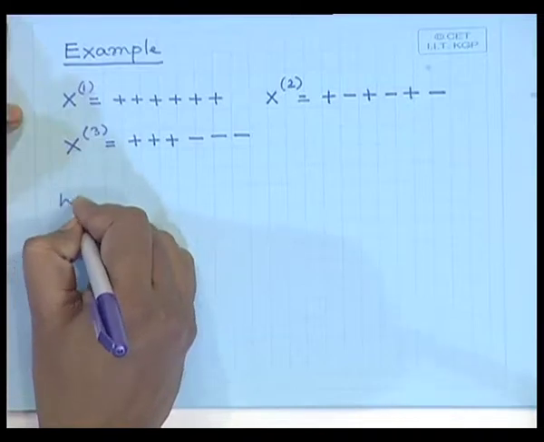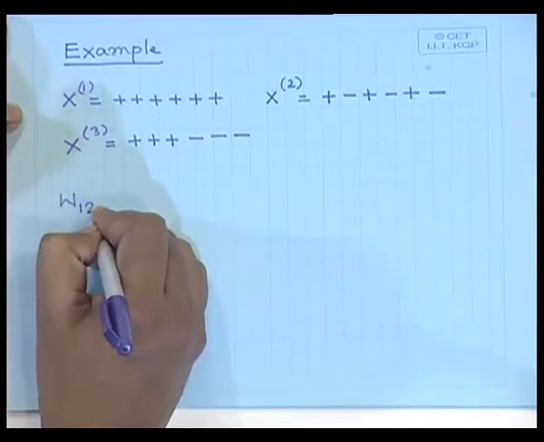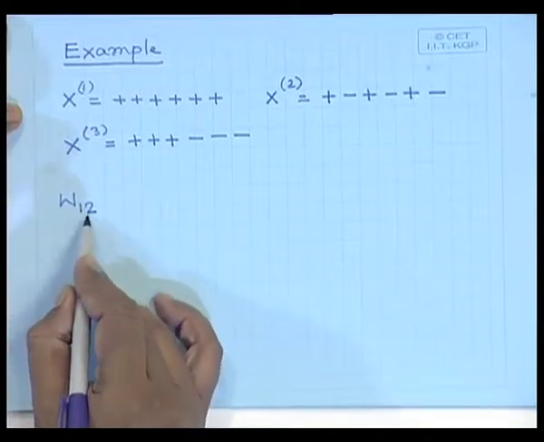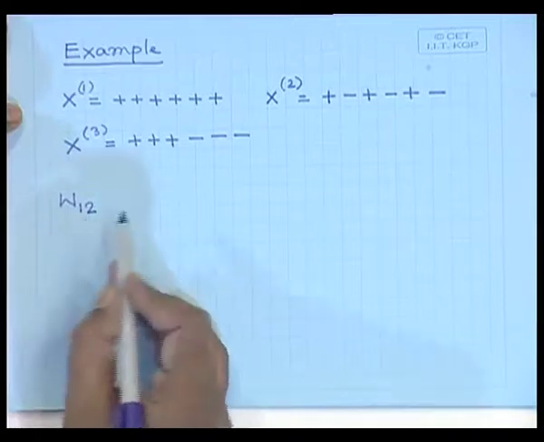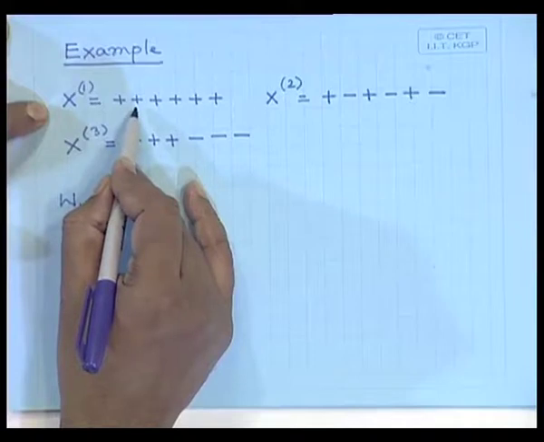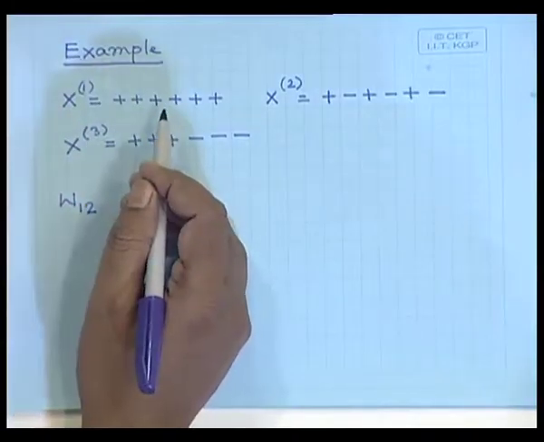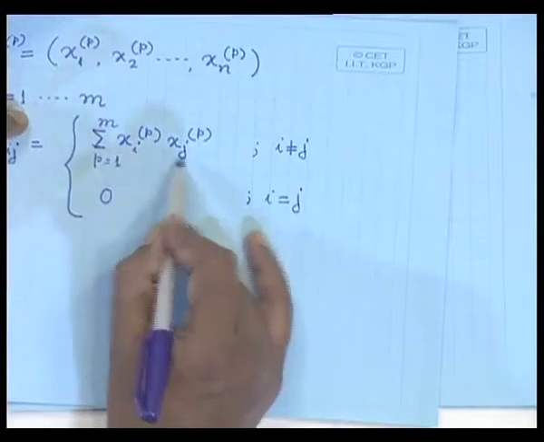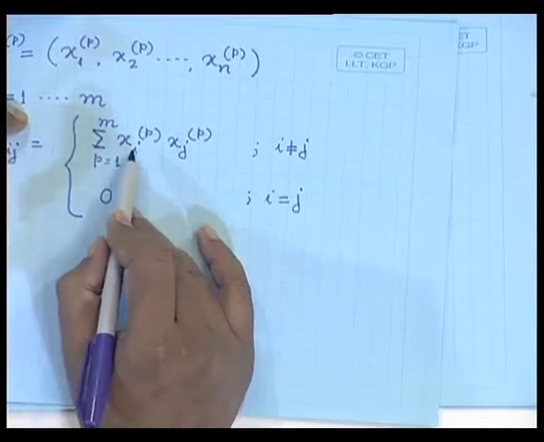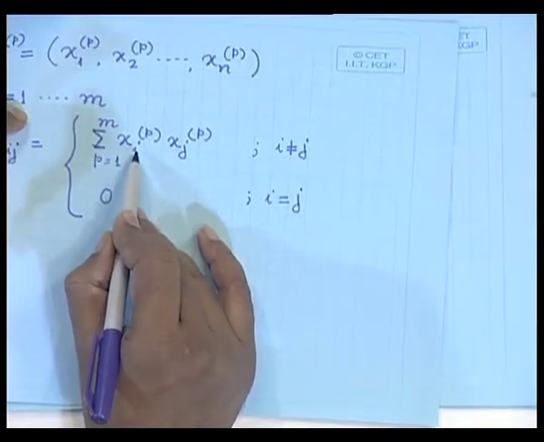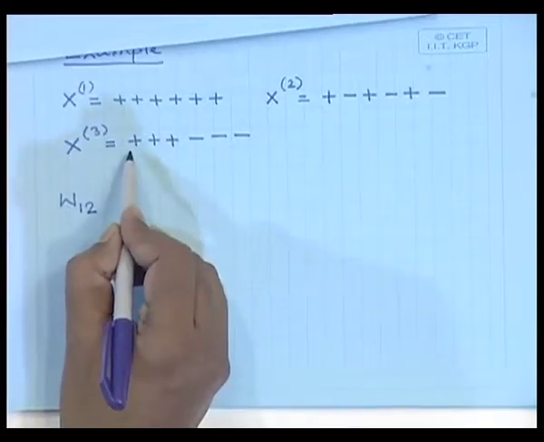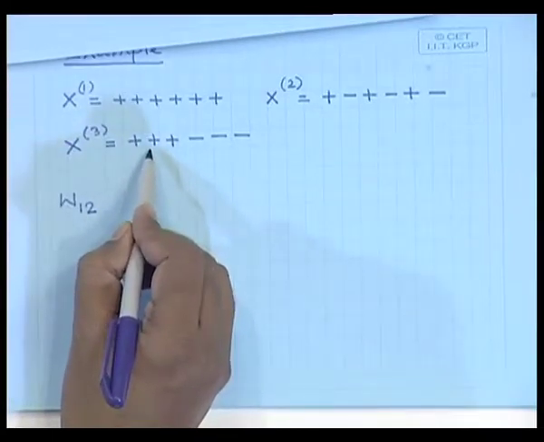So, what will be the value of W12? Here you find that I have to consider the first bit and the second bit. From the first feature vector, both of them are positive. When I compute this term xip into xjp, where i is equal to 1, j is equal to 2, that will be simply x11, that is plus, x21, that is also plus.